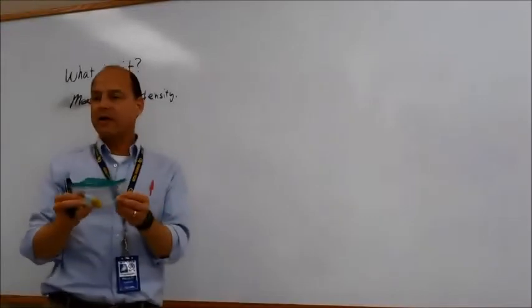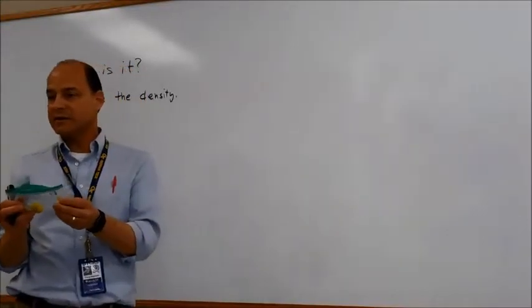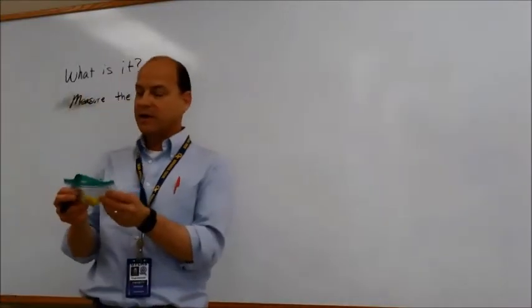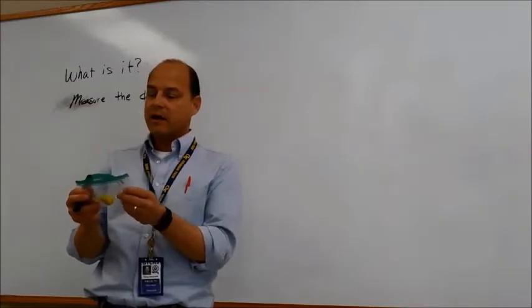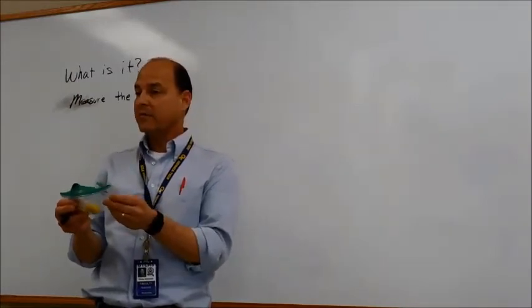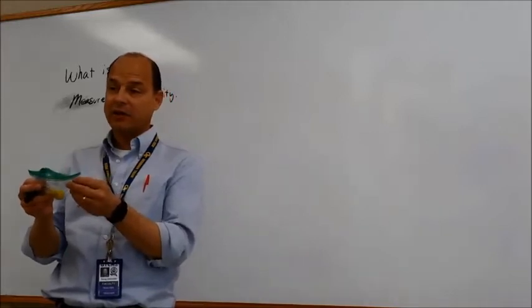You're going to measure the density in the lab, and then you're going to compare that with the density of other known substances. And if you measure a density and then you find on the internet some material that has that exact same density, then there's a good chance that this is that material.